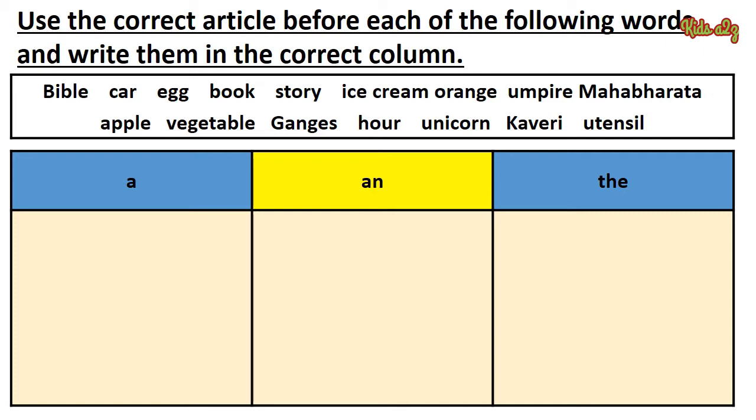Then ice cream, orange, umpire under an. Then Mahabharata under the. Apple under an. Vegetable under a. Ganges under the. Hour under an. Unicorn under a. Kaveri under the, and utensil under a.